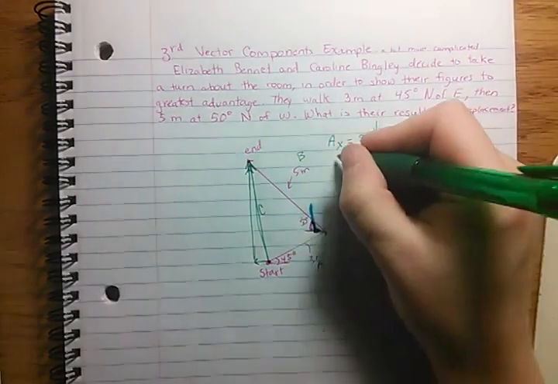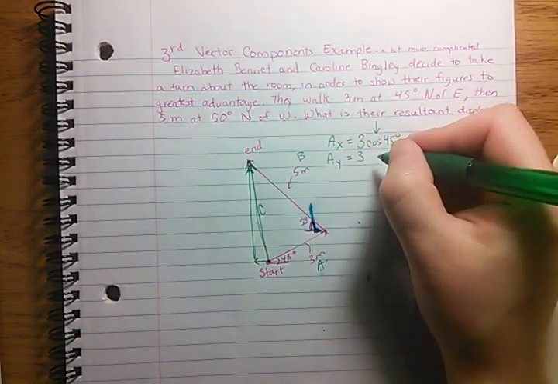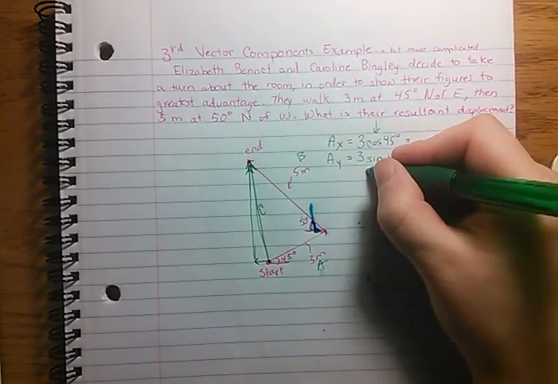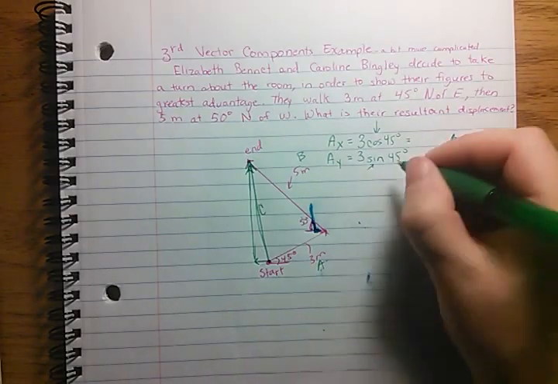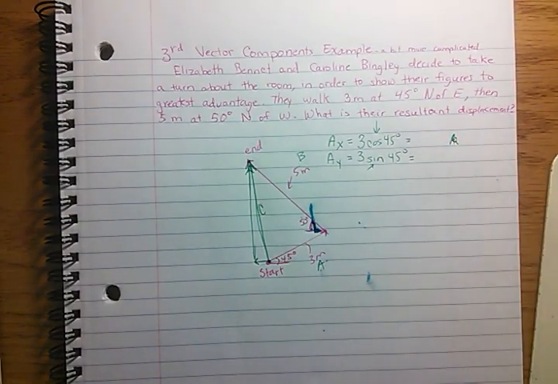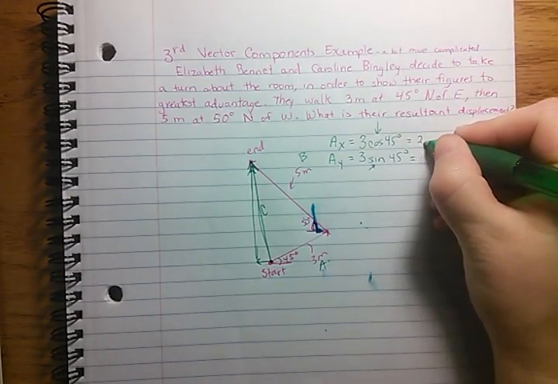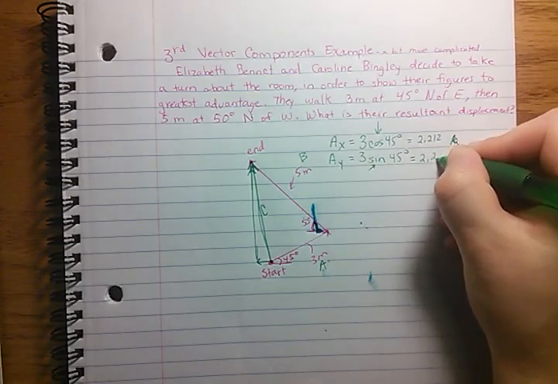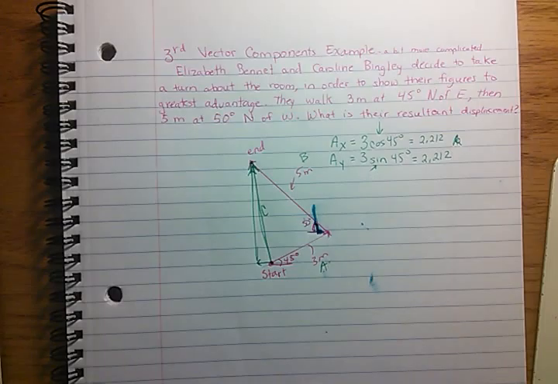Ay is equal to 3 times the sine of the angle. So you always use sine for the y component. Now I calculated this earlier. So since it's a 45-degree angle, they'll both be the same. So that's convenient for this problem.